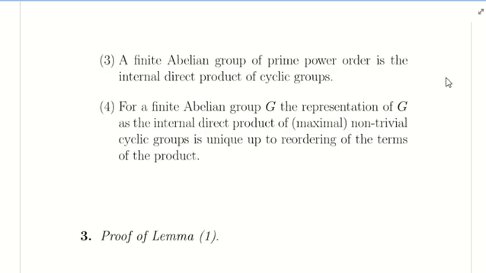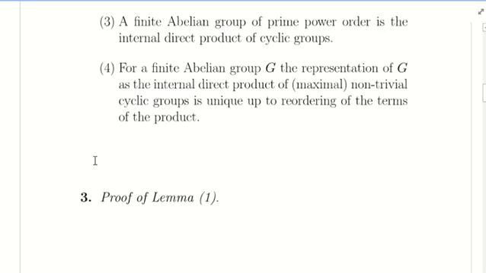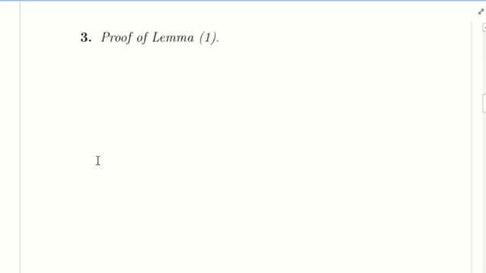And number 4 is just talking about what if there's some way to rewrite the direct product uniquely, and there is if you just sort of think of a way. I don't have it written here, but if you look in the textbook, they've got what it actually means. Okay, let's prove lemma 1.